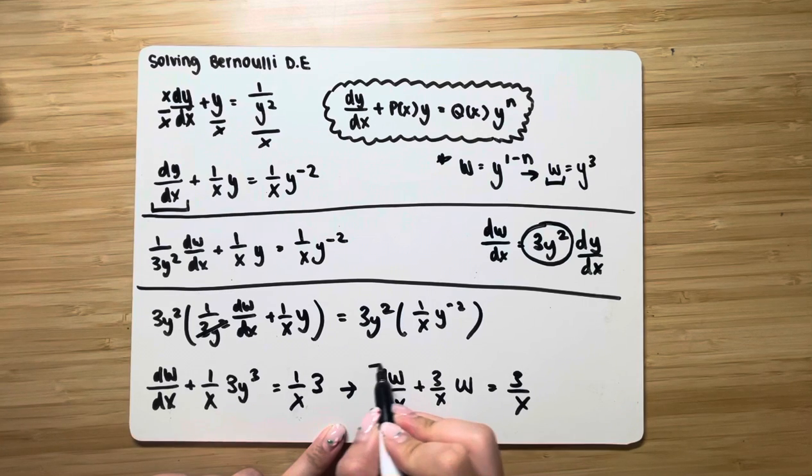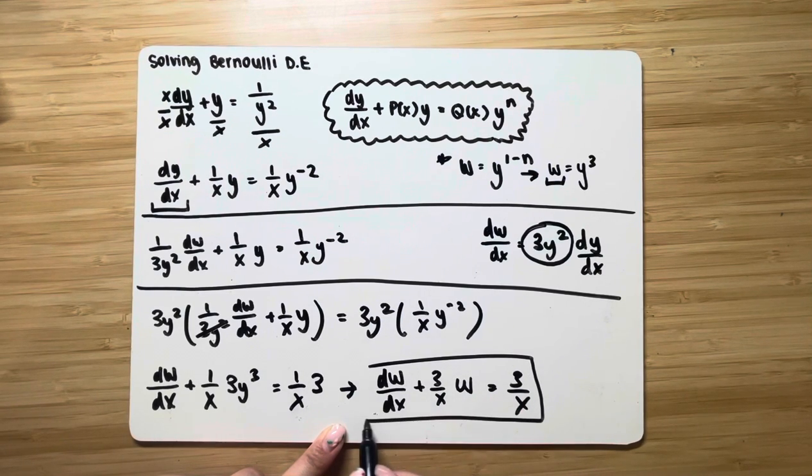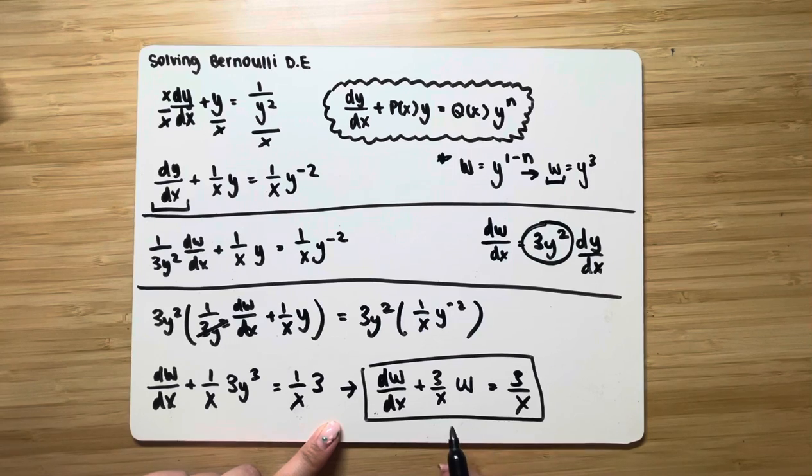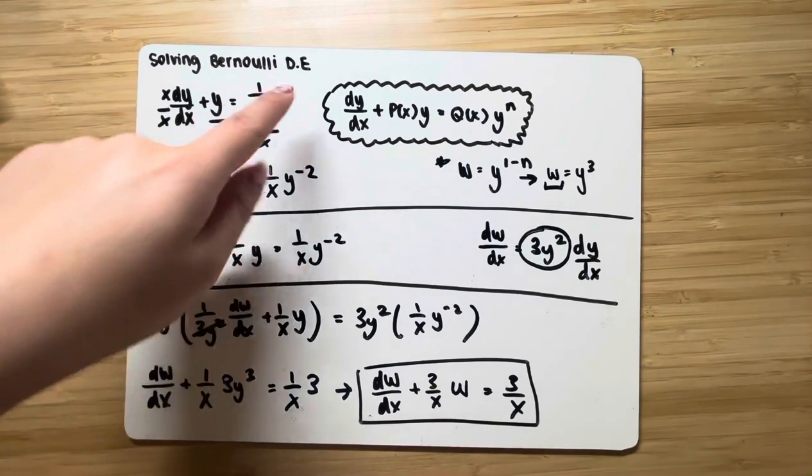Now that you have this, recall that this format is exactly the same as a linear equation. It is actually a linear equation. So from here on, you are going to solve this linear equation in order to solve this Bernoulli DE.